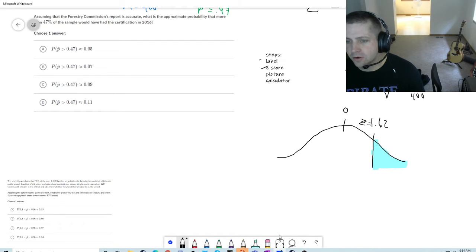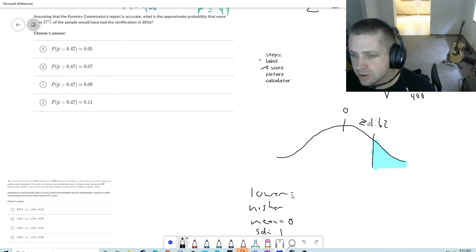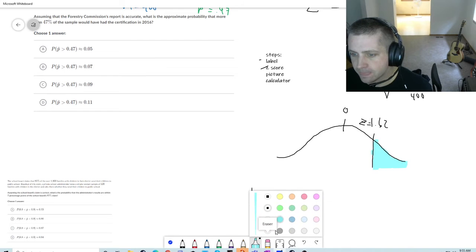And then what your calculator wants you to do is to find boundaries. Your calculator always looks for a lower and then a higher. And then when you put in mean and standard deviation, since we're working with z-scores, you want to put the z-score mean 0 and standard deviation as 1, because 1 z-score is 1 standard deviation. So you always want that. So your lower value is your lowest value in your shaded area. So imagine like a scanner sweeping left to right.